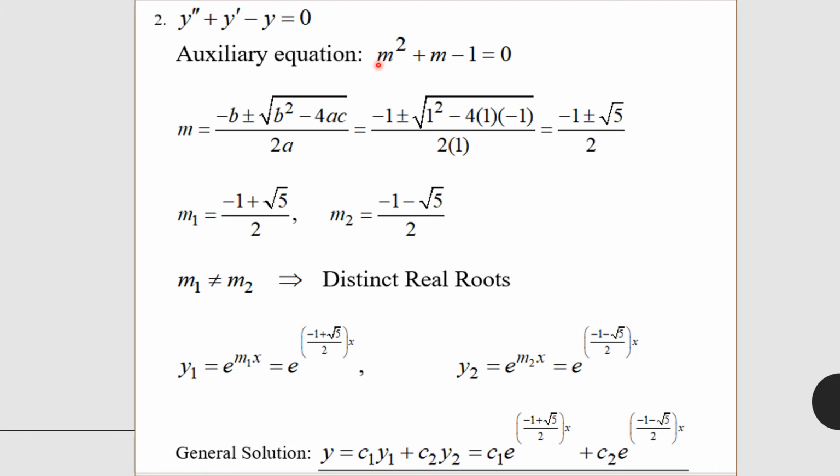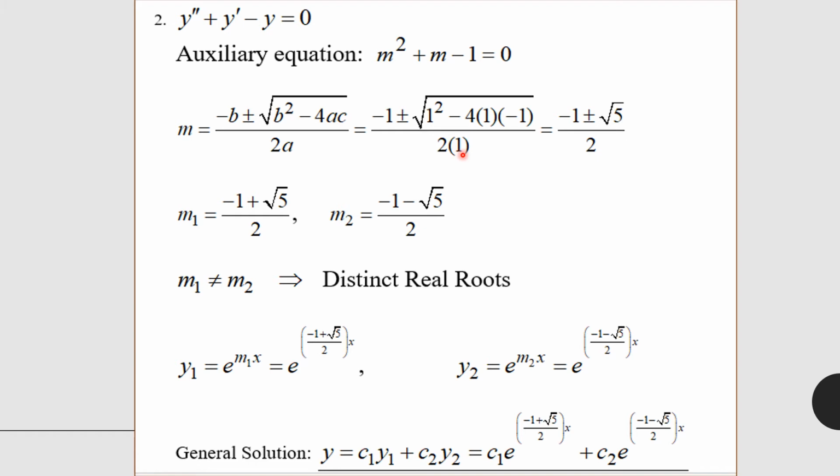So substitute a by 1, b by 1, and lastly c by negative 1 into here. So you have negative b plus or minus square root of b squared minus 4 times a times c, divided by 2 times a.